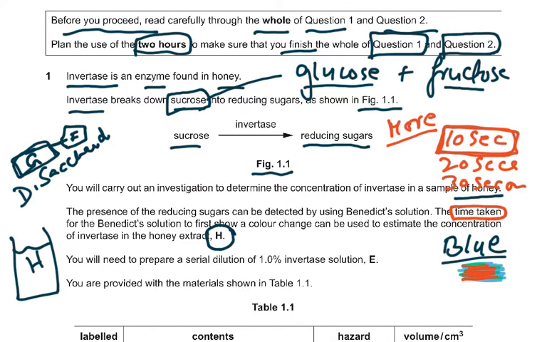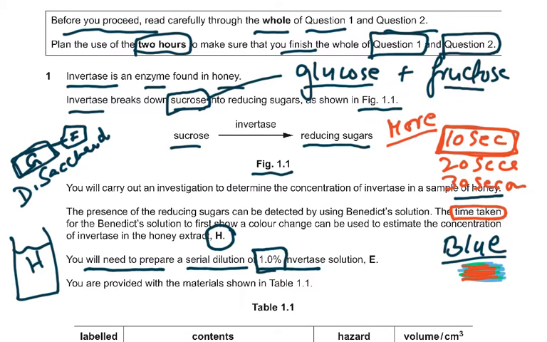Then it says you will need to prepare a serial dilution of 1% invertase. Now naturally all the other serial dilutions have to be less than 1. Can't be more than 1. You have 1% invertase solution E. So you're going to make something less than E.